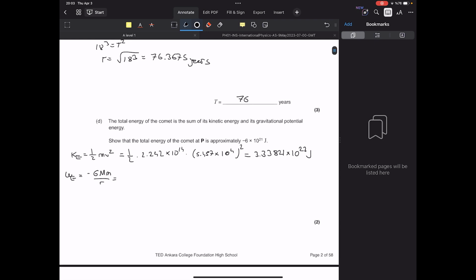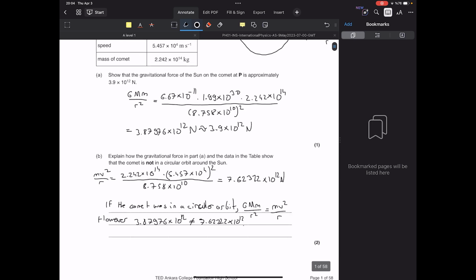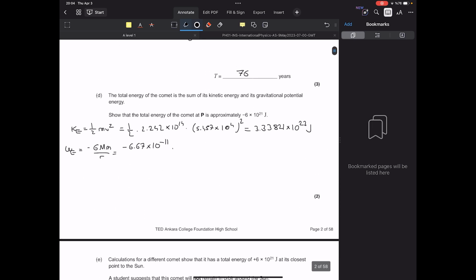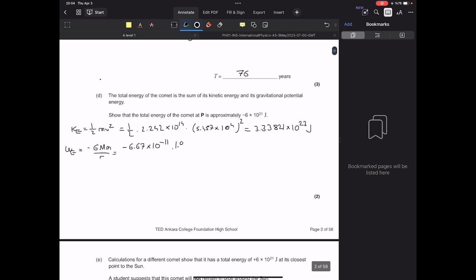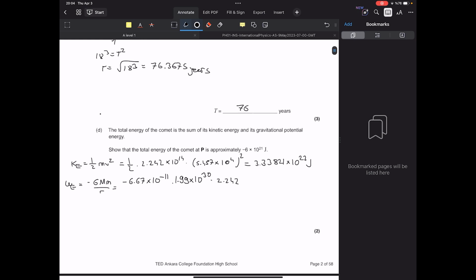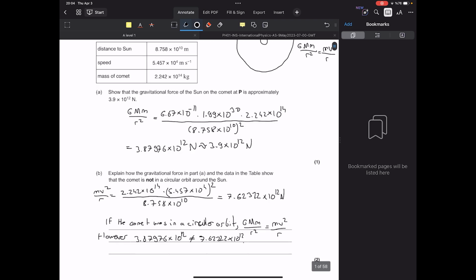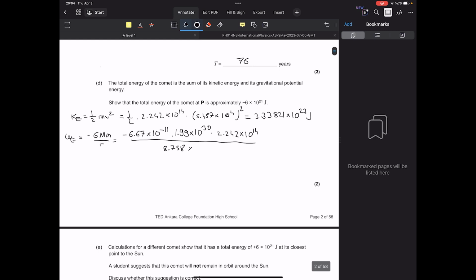So it's negative 6.67 times 10 to the negative 11, that's G, times the mass of the sun, which is 1.99 times 10 to the 30, times the mass of the comet, which was 2.242 times 10 to the 14, all divided by the distance to the sun, which is 8.758 times 10 to the 10 meters.